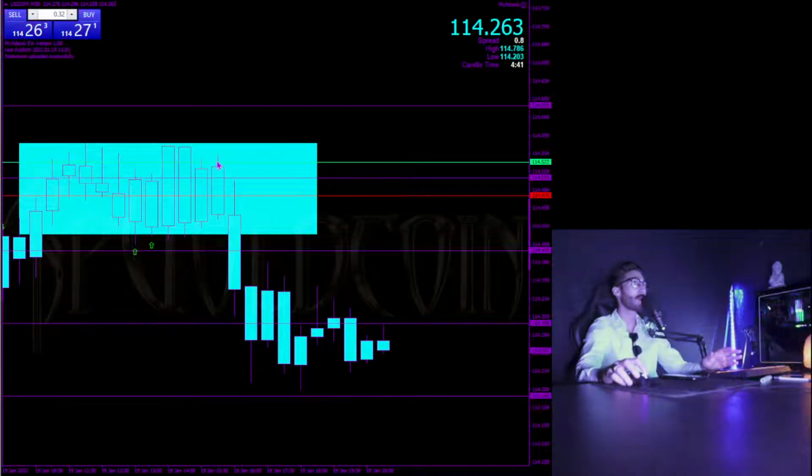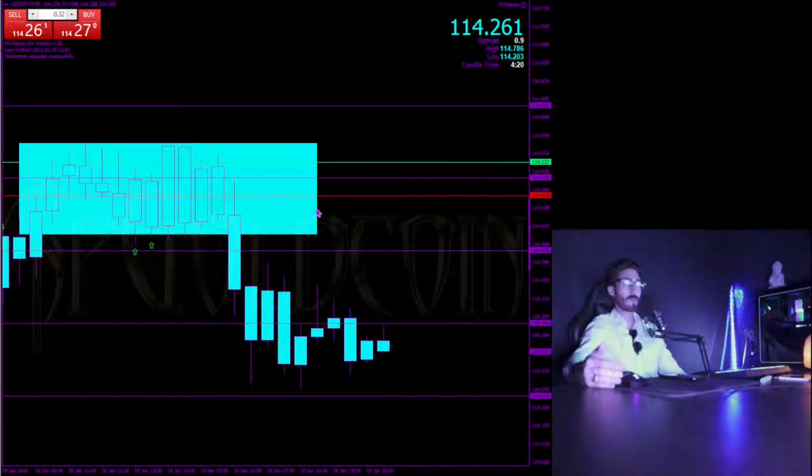Here's my entry point, and I got out at 114.476. The reason I manually got out at 114.476 is because we weren't outside of the no trade range yet. I just so happened to get an entry while it was extended to 522, so I decided to sell.